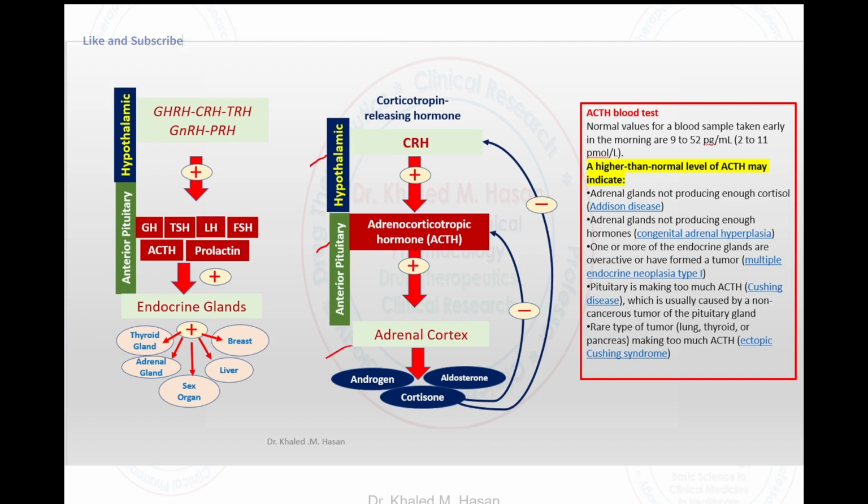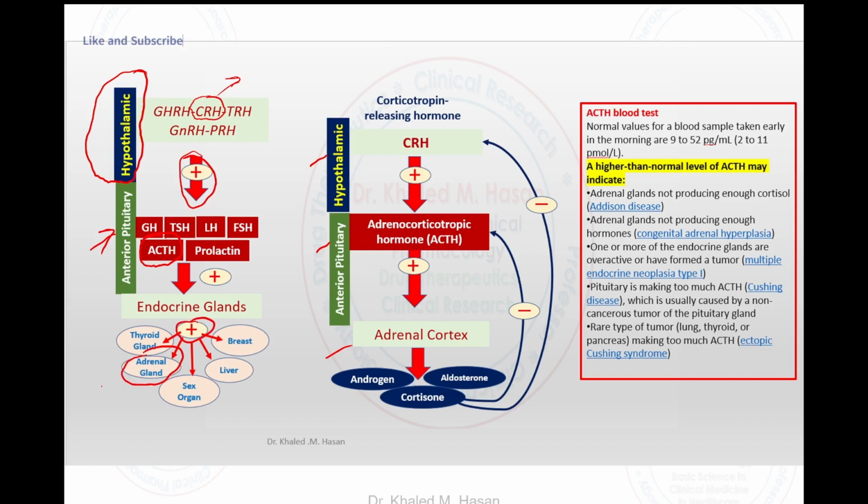The hypothalamus is the major part responsible for secretion of a lot of hormones, and you can see our hormone here, CRH, which stands for corticotropin releasing hormone. This CRH will stimulate ACTH from the anterior pituitary. You can see the plus here: CRH stimulates ACTH, and ACTH will stimulate the adrenal gland.